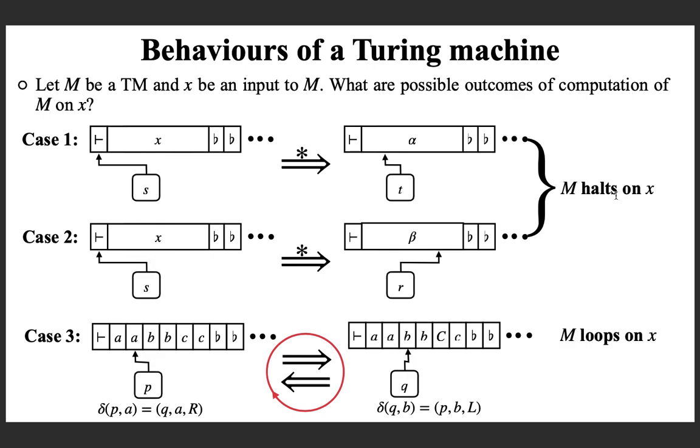That is, the machine halts on X, and the other possibility is the machine loops on X. Okay, these are the two possible behaviors: M halts on X or M loops on X on a given X.